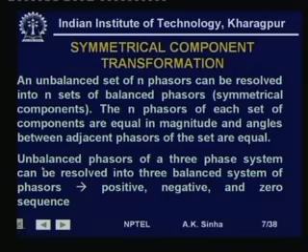can be said as: unbalanced phases for a three-phase system can be resolved into three balanced systems of phases, which we call the positive, negative and zero sequence systems. So, what we have done is basically three-phase quantities are now being converted into three different sets of quantities which themselves are three-phase quantities.